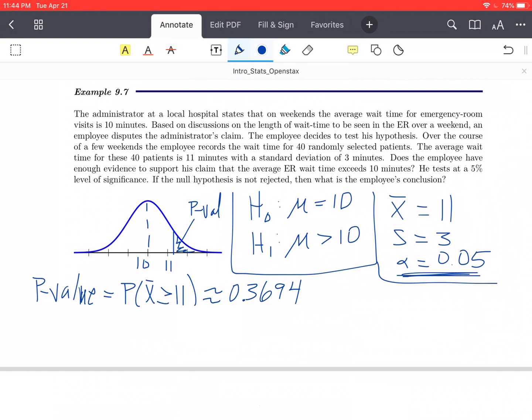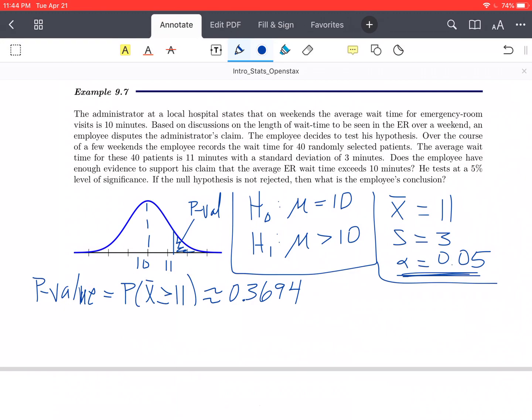Alright, so that tells us that if the null hypothesis was true, if the average wait time was in fact 10 minutes, then the probability of getting an 11-minute mean in his sample, the probability of that happening is about 37%, which is not unusual.